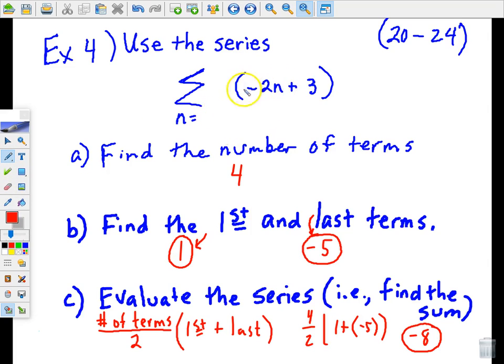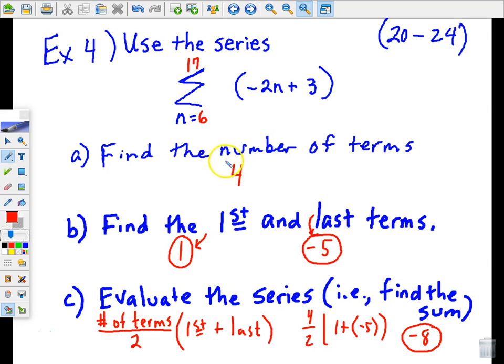Let's just take this same summation notation expression, but this time I'm going to let the bottom number say n equals 6. And let's just say the top number is 17. Okay, so what I'm really doing here is I'm helping you out with situations like this when it comes to answer letters A and B.